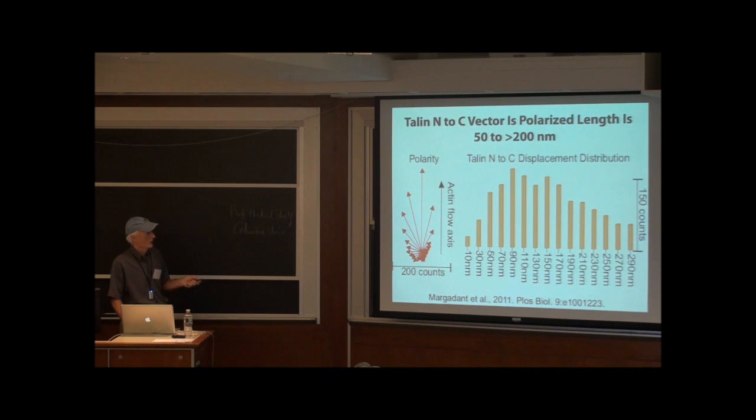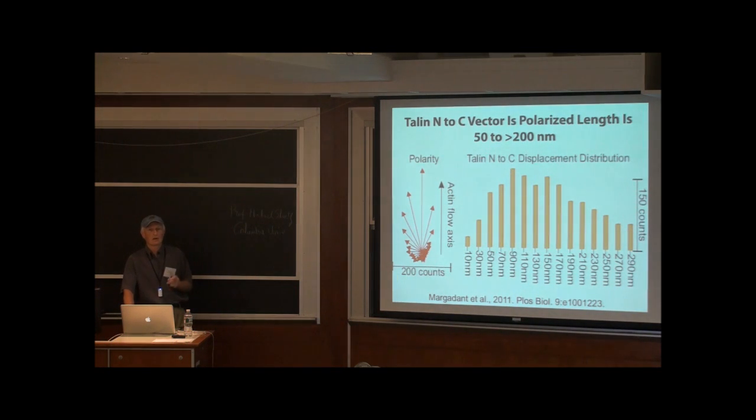However, in cells that were actively pulling, the vector was now in the direction of actin flow, and the first peak in the length histogram is at 90, another one at 150, and a shoulder here at 210, indicating that the molecules were being stretched to typically twice their overall length.